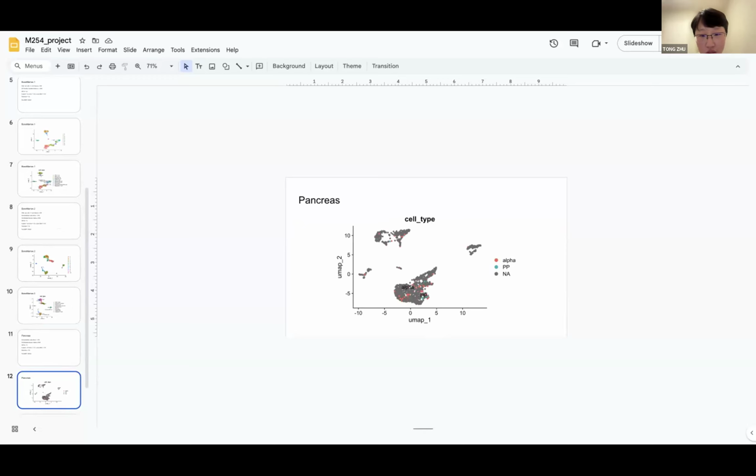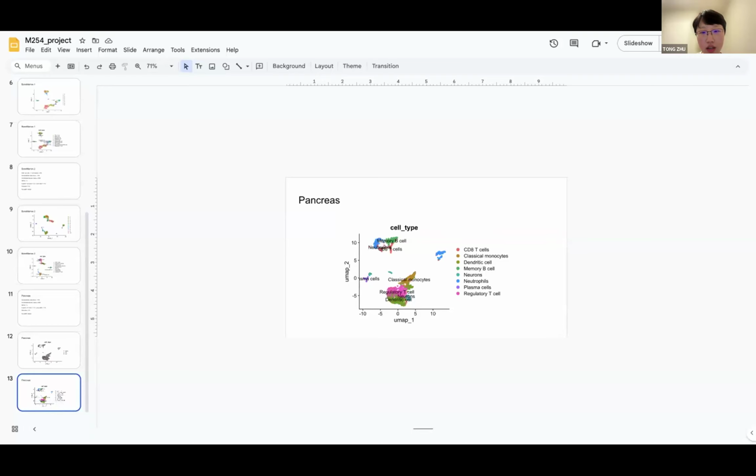I just marked the cells which contain the gene markers for PP and alpha cells. I also made other clusters for the third dataset because I can't get the PP and alpha cells, and here's another result. Yeah, that's all I have.